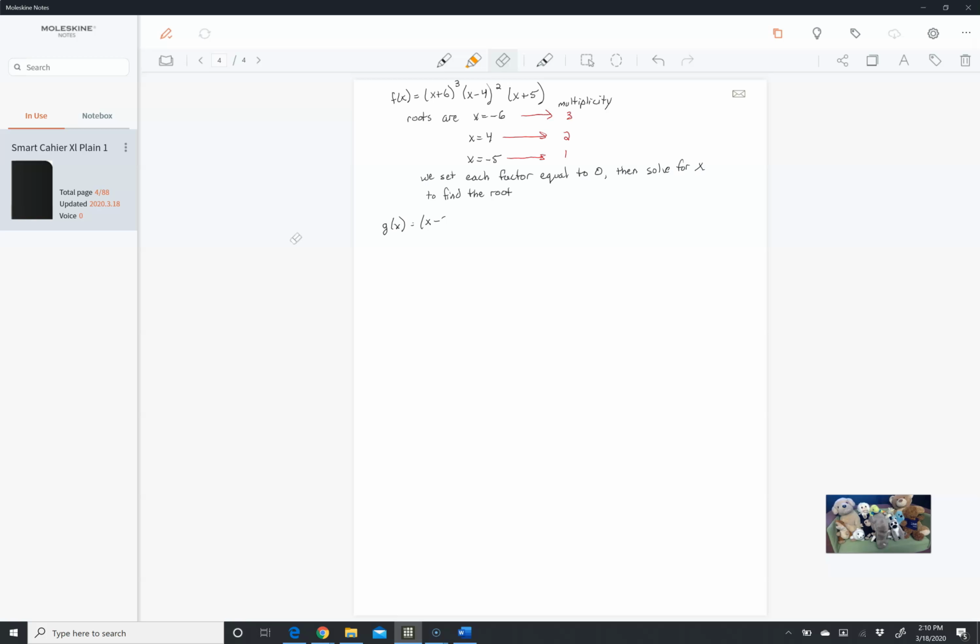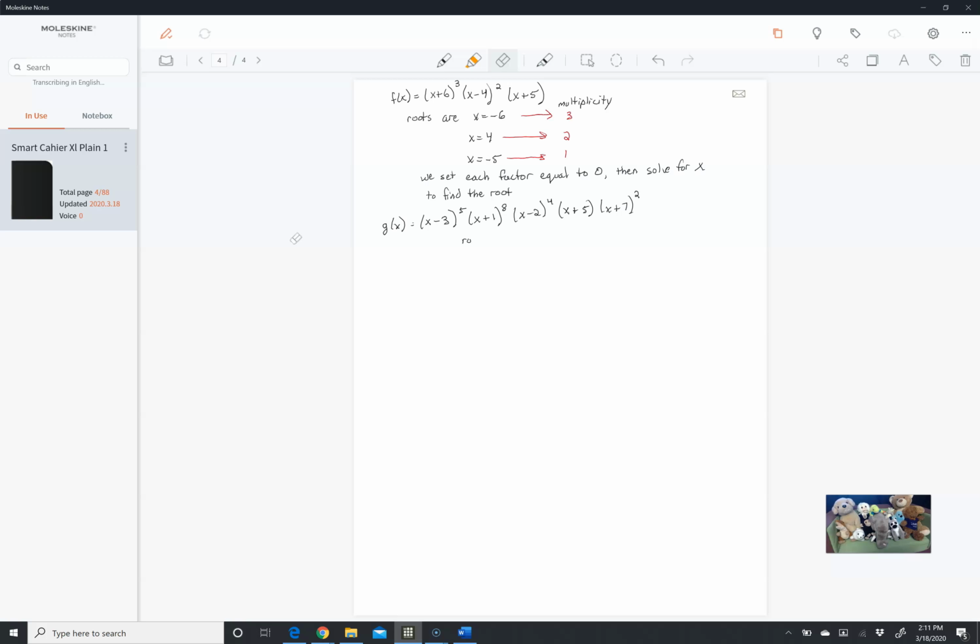So if we say g of x equals x minus 3 to the 5th, x plus 1 to the 8th, x minus 2 to the 4th, x plus 5, and x plus 7 squared. Okay. Then we could find each of the roots.